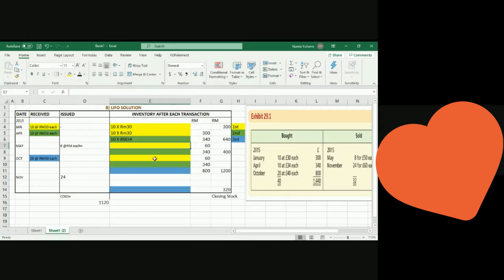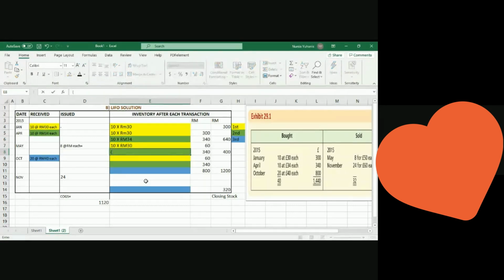Good, so now you are following. What happened to the yellow one? It's still the same. We just copy from above: 10 multiplied by 30, because you don't take from this one. So no changes for yellow. The only change is on the green one.